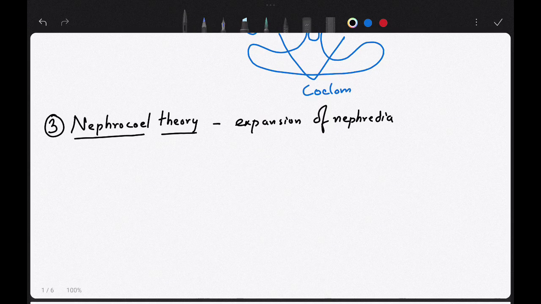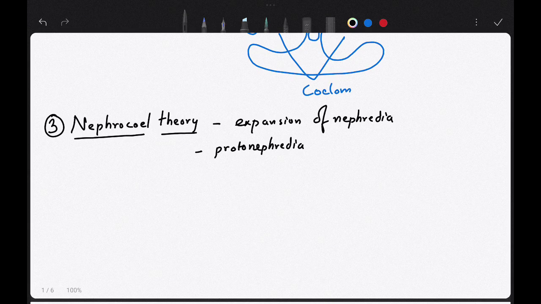Understood? But this theory was rejected because it talks about protonephridia, and protonephridia are mainly absent in higher organisms like the coelomates.